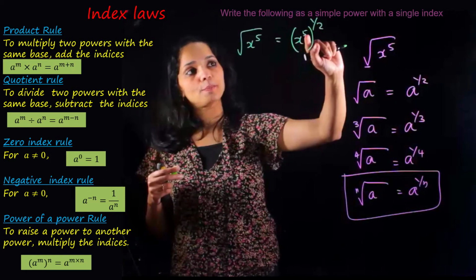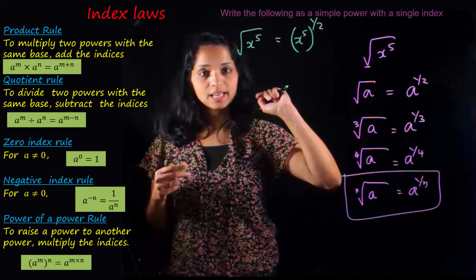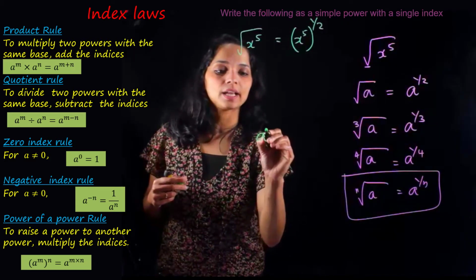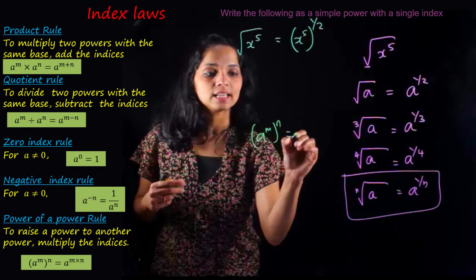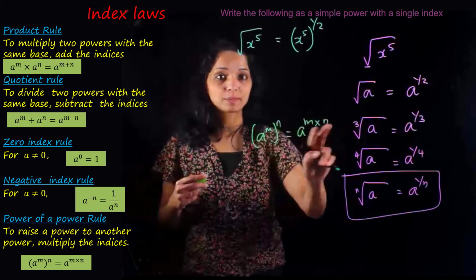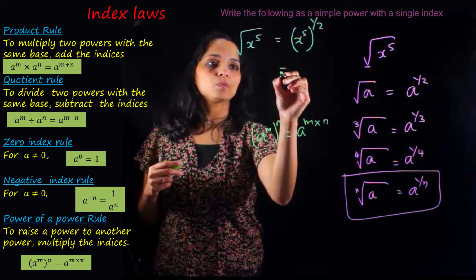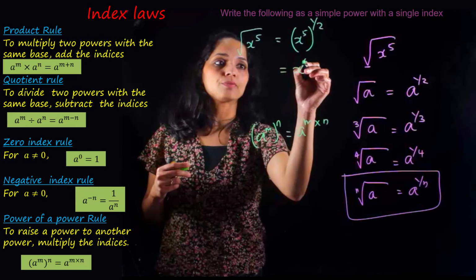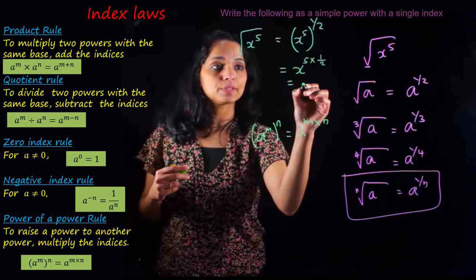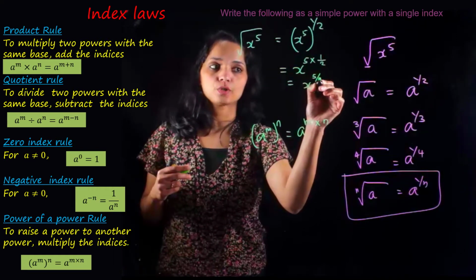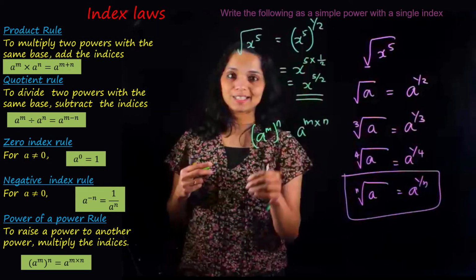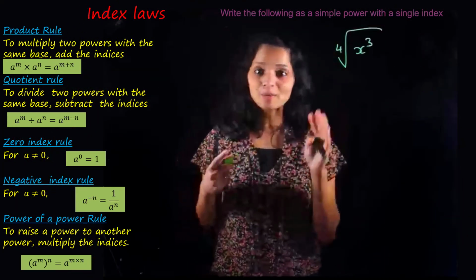This is of the form power of a power, so we apply that rule: a to the power m, to the power n, equals a to the power m times n. You just need to multiply the powers together. So this can be written as x to the power 5 times 1 on 2, or simply x to the power 5 on 2, which is the answer as a simple power having a single index.